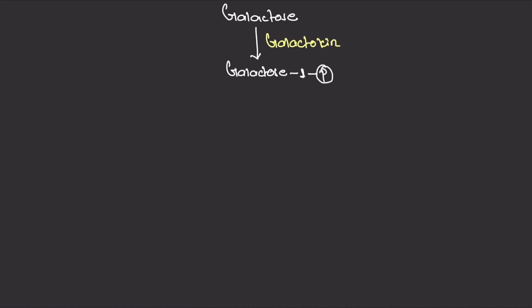It is a type of phosphorylation reaction, where the donor of phosphate is ATP, and during the reaction ATP is converted to ADP. So this is the first step of galactose metabolism, right?